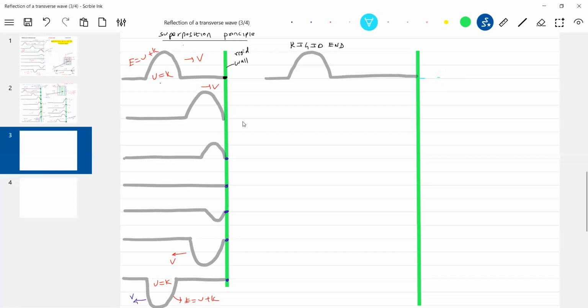Let me take a contrasting color. There's a real erect pulse, and there's an inverted imaginary pulse.